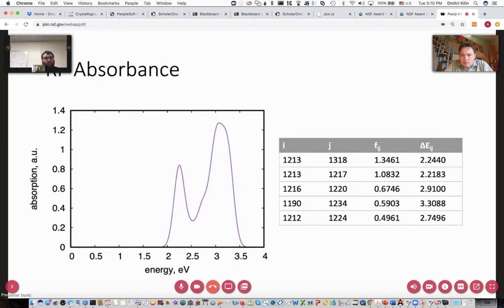Whereas in the Ruddlesden-Popper model, we see a significant difference in this 2 peak spectra. We don't even see an absorption peak for the HOMO to LUMO transition, which is about 1.6, 1.7 eV.